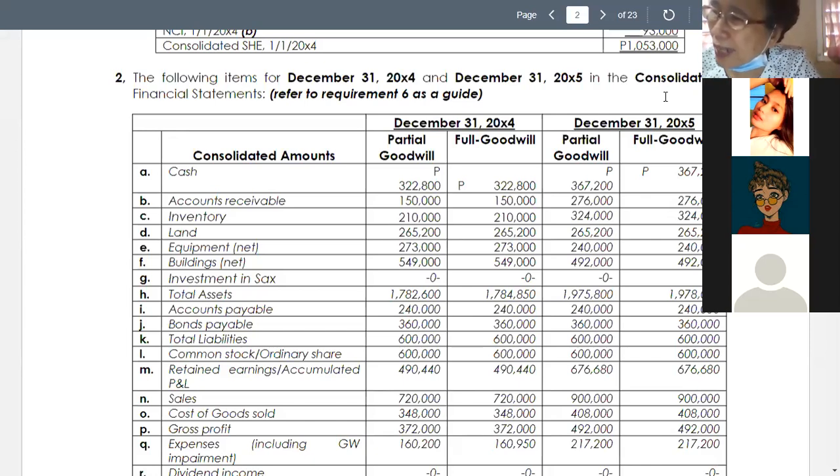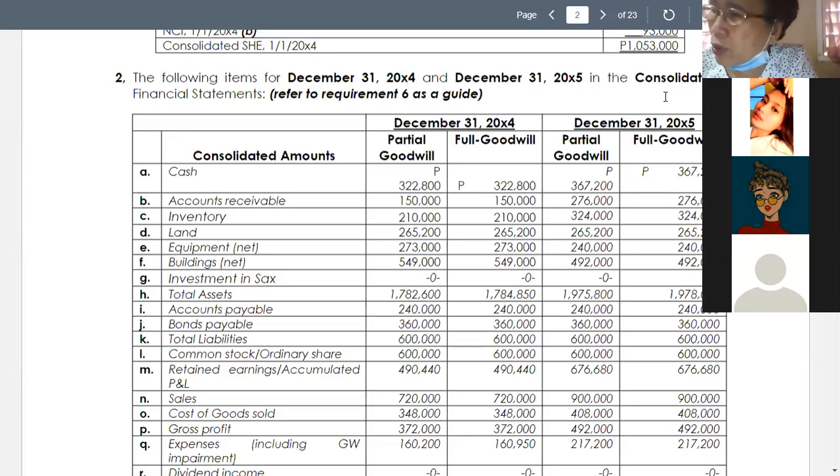So we are adding 96,000 and we deduct 12,000. If you refer to requirement 1B, in the analysis of depreciation, the annual depreciation of the equipment is 12,000. So we are again deducting because it is a credit to accumulated depreciation.